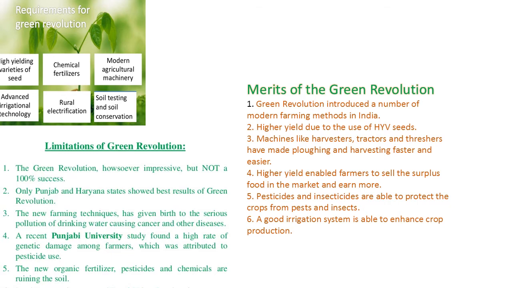A recent Punjabi University study found a high rate of genetic damage among farmers, which was attributed to pesticide use. The new fertilizers, pesticides and chemicals are ruining the soil. The use of chemical fertilizers has led to the degradation of soil and the pollution of groundwater.